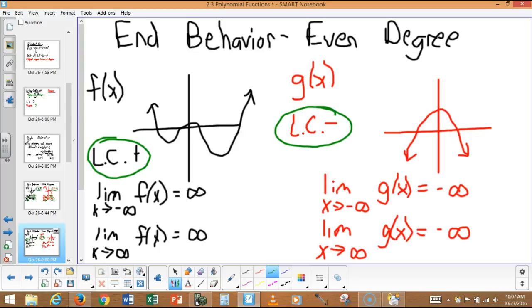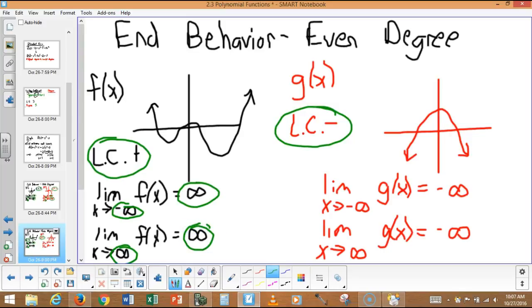If our leading coefficient is positive, as we approach x from the left, as we're getting more negative with our x values, our y values are increasing. They're approaching positive infinity. Same thing is true as we're approaching right for our graph. Our x values are increasing, so our y values are both increasing.